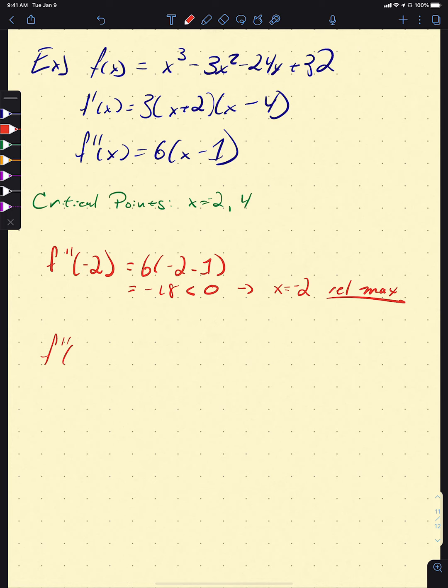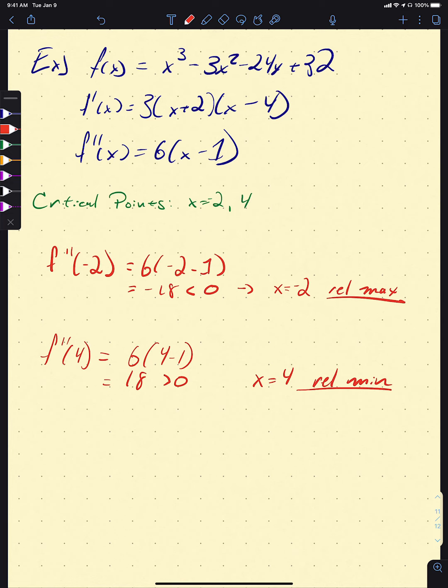We can also take a look at the second derivative at 4. It's going to be 6 times (4 minus 1), 4 minus 1 is 3, times 6 is positive 18, which is greater than 0, which means x equals 4 corresponds to a relative minimum.